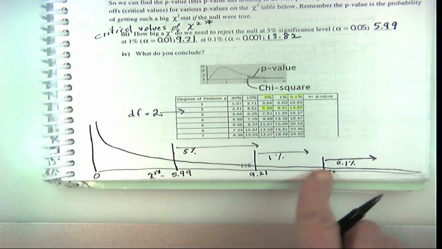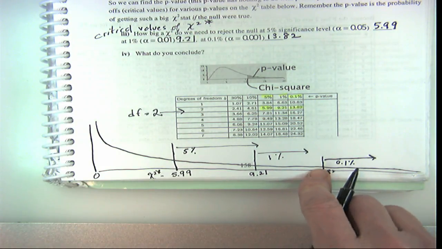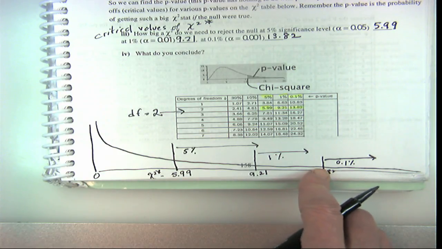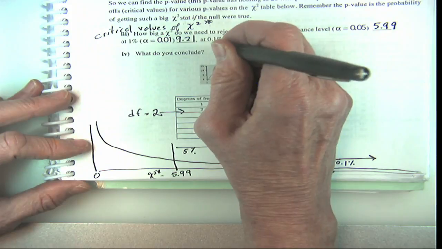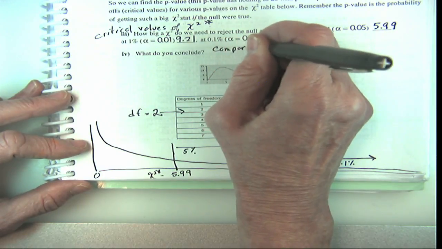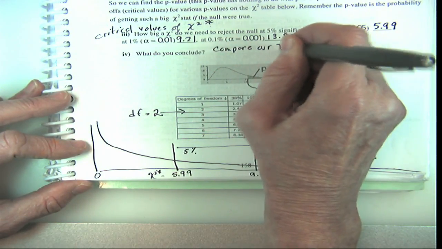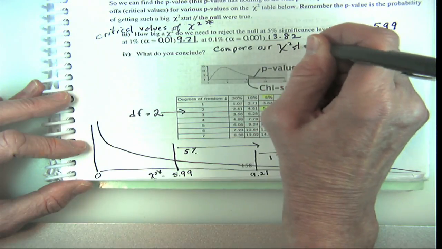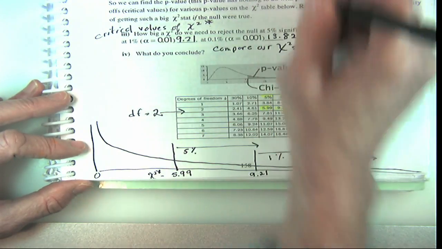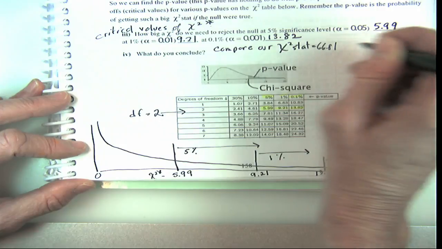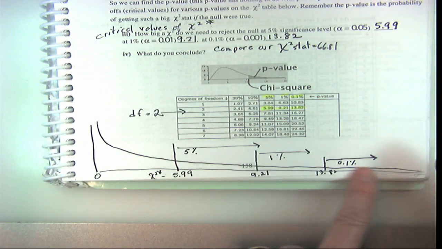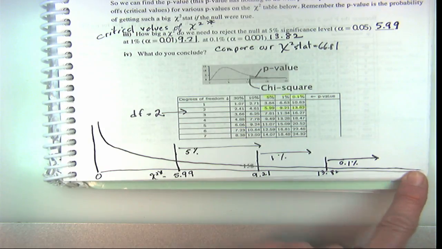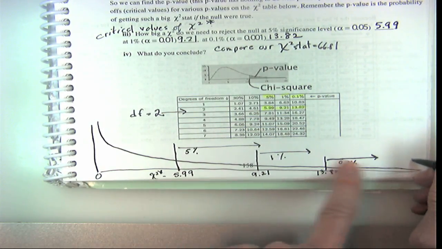And this tells you that from here out is 0.1%. Now, we're comparing our chi-square statistic. What do you always do? You compare our chi-square stat, equal to 66.8, to the critical value. I'd have to draw it way over there, but I'll just draw it here because these are drawn to scale.